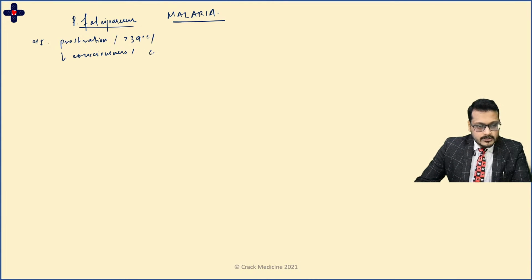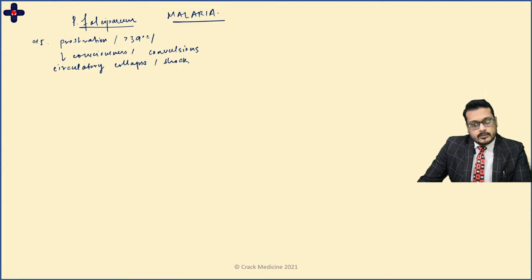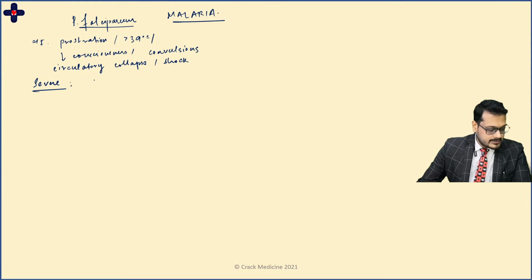You can also have convulsions, and you can have circulatory collapse and shock. These are the general features, but what you basically need to define is whether this is a severe malaria or not. Most of these features point towards severe malaria. Now you can also have hemoglobinuria.